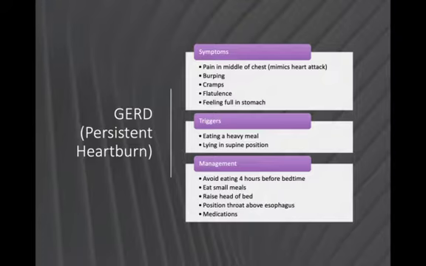There can also be burping and cramps and flatulence and feeling full in the stomach. A heavy meal can trigger GERD, which, if you remember back a few chapters, what else can trigger something? A heavy meal can trigger angina pectoris, which also can have similar side effects to a heart attack. So GERD can be a little difficult.